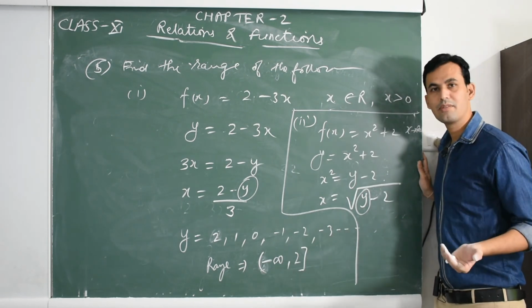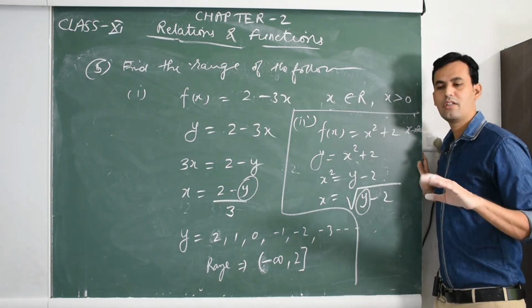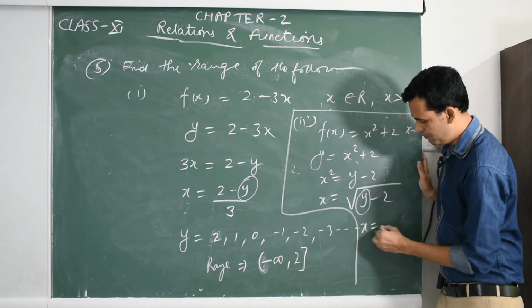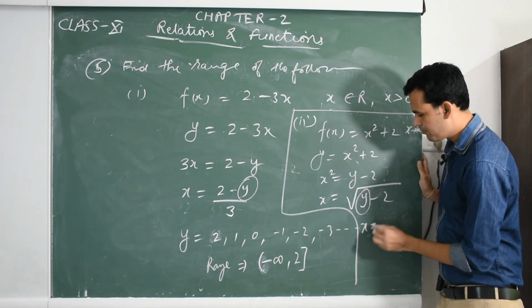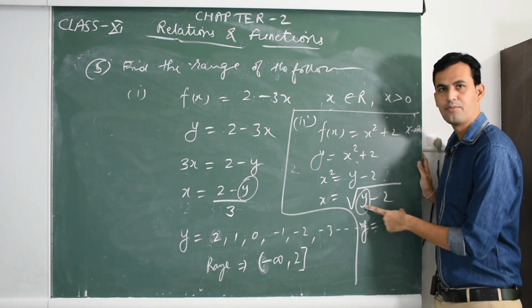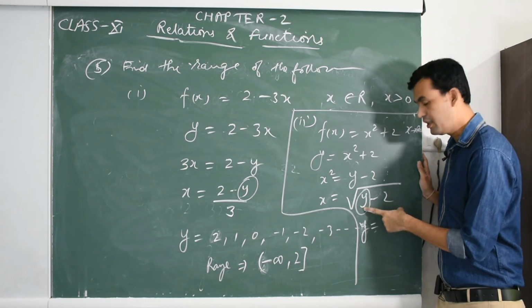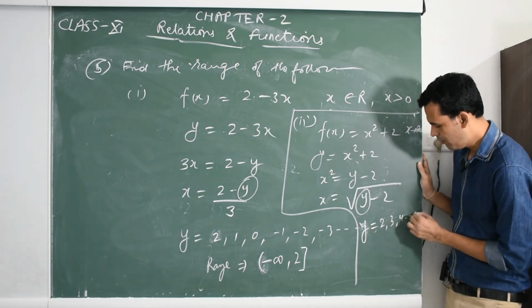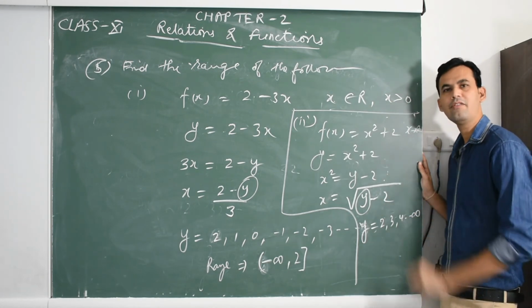What are complex numbers? Complex numbers we study in chapter number 5. So the value of y is greater than 2. It means 2, 3, 4 up to infinite, we can put any values.